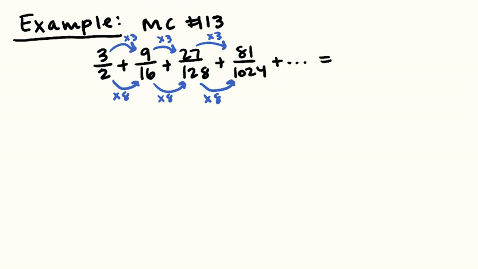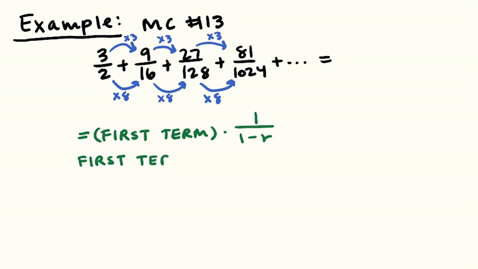But you're going to find this by saying, okay, this is going to be equal to the first term times 1 over 1 minus the common ratio. Well, the first term is going to be equal to 3 halves. And then the common ratio is going to be equal to 3 divided by 8. So the value of the sum is 3 halves times 1 over 1 minus 3/8.